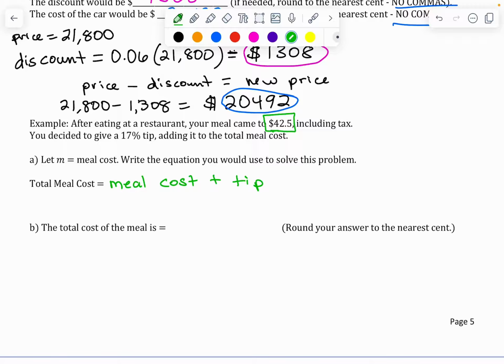So if we know that 17% has to be converted to a decimal, we're going to write it as 0.17. And we know that if we take the price of the meal, or the meal cost, $42.50, and we multiply that by 17%, then that's going to give us the tip amount.